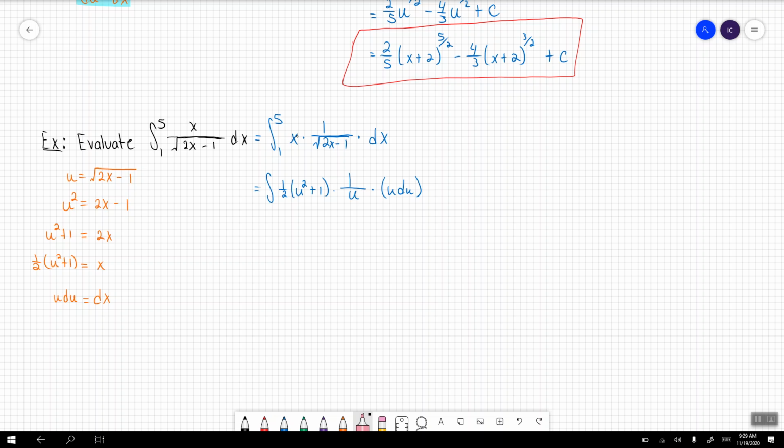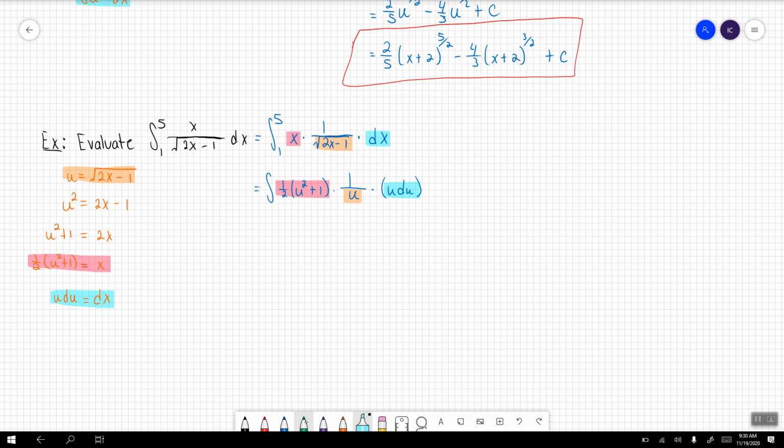My analysis here is that x was this value that I manipulated, this 1/2 times u squared plus 1. My initial substitution is the square root of 2x minus 1, and that was my u. My differential then comes in the form of u du is equal to dx, so I know what dx is, and that was my u du.